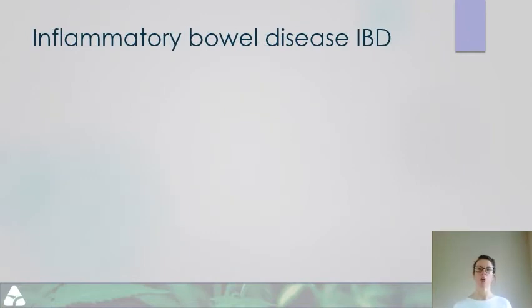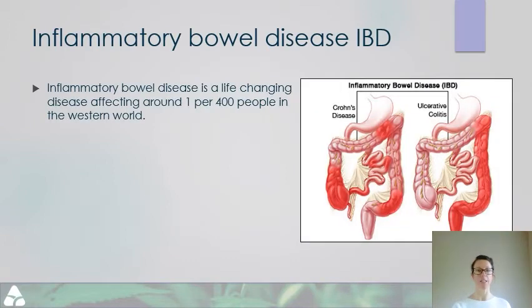So I'll start with a bit of an overview on what inflammatory bowel disease is, often abbreviated to IBD. So inflammatory bowel disease covers two different disorders. One is Crohn's disease, which is throughout the lower digestive tract, and the other is colitis, which is specifically localized to the colon, so that is the last portion of the gastrointestinal tract.